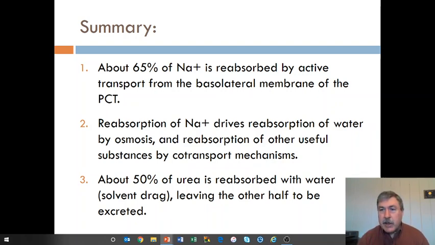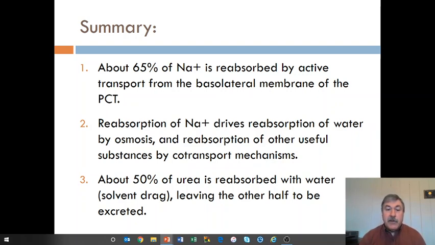So, in summary, and just to wrap up this section of chapter 23, approximately 65% of sodium is actively reabsorbed by the basolateral membrane of the proximal convoluted tubule. That reabsorption of sodium creates a concentration gradient, which drives the reabsorption of water by osmosis and reabsorption of other useful substances like glucose by cotransport mechanisms.